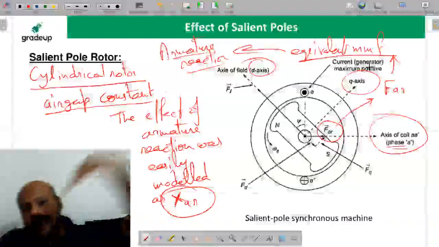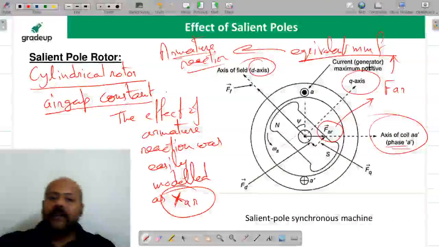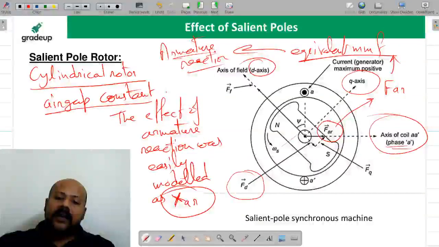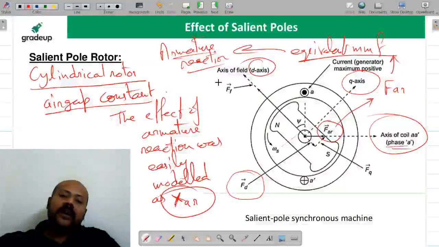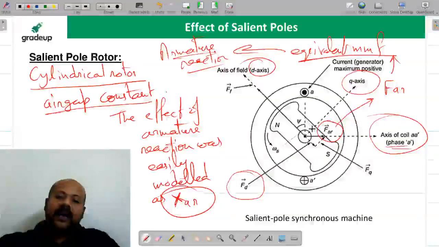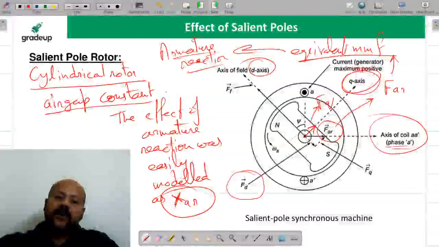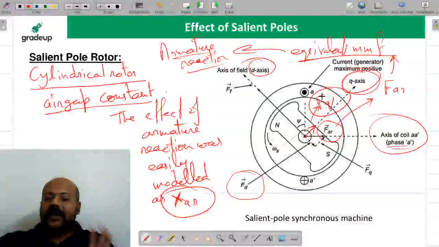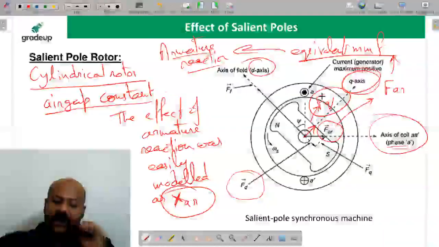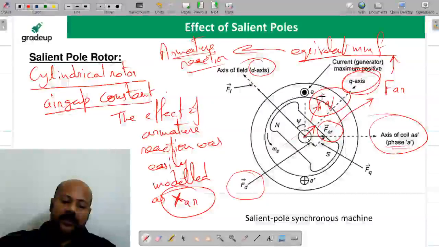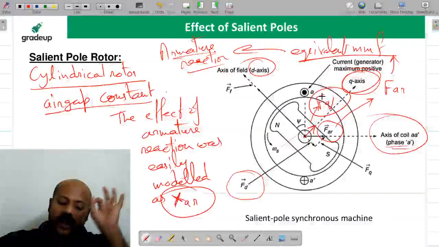One part along the direct axis, which we call the direct axis equivalent MMF for the armature reaction, that is FD, and one part in the direction of the Q axis, which we call FQ. I hope you are getting this idea. All of you please tell me, are you getting this or not? This is going to be very important to understand.